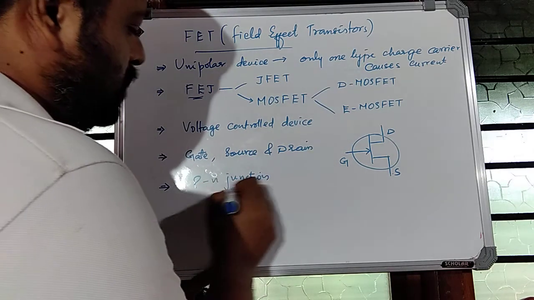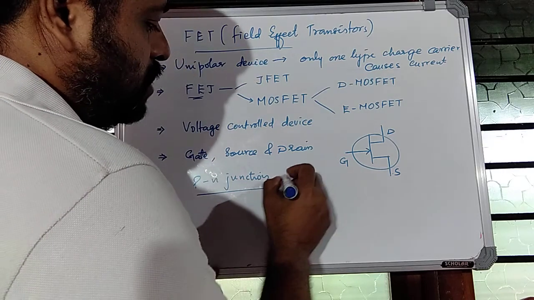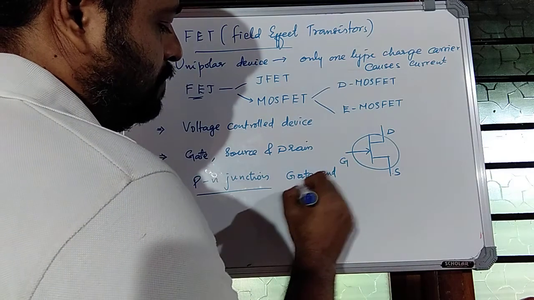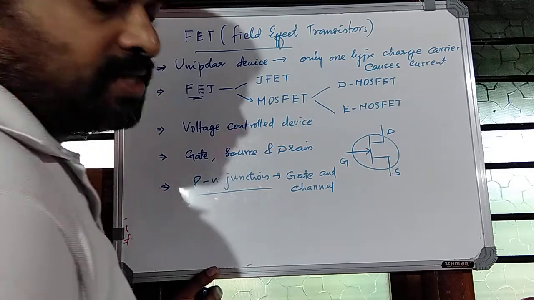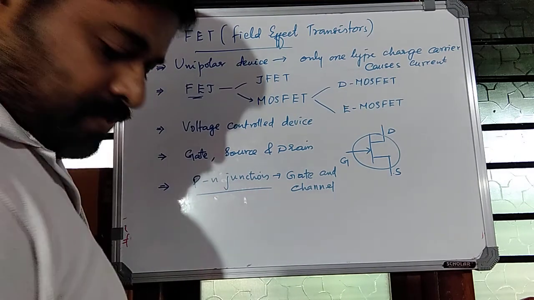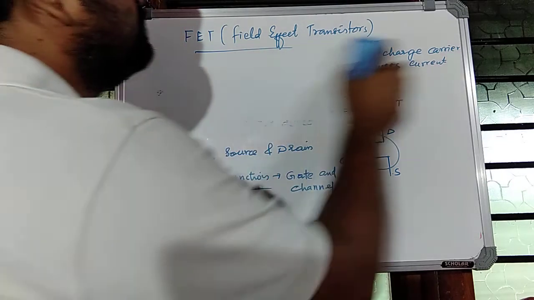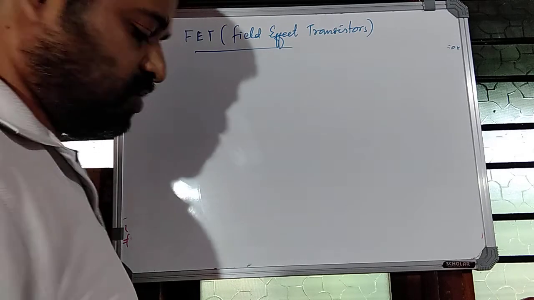The PN junction is between gate and channel. Then we'll discuss the structure of FET.